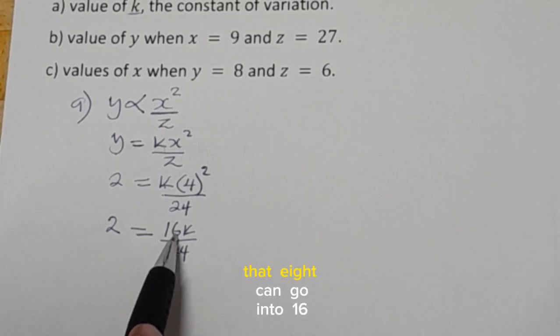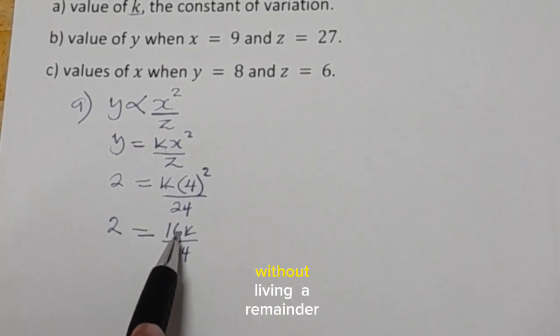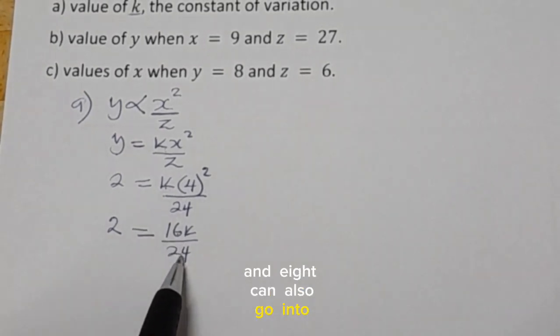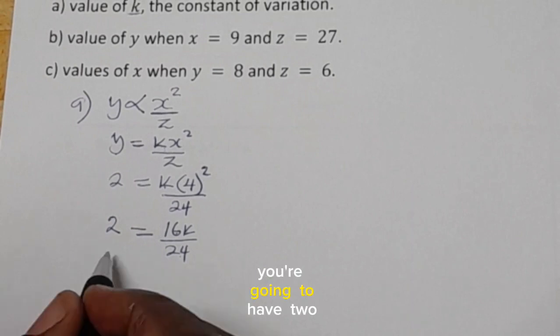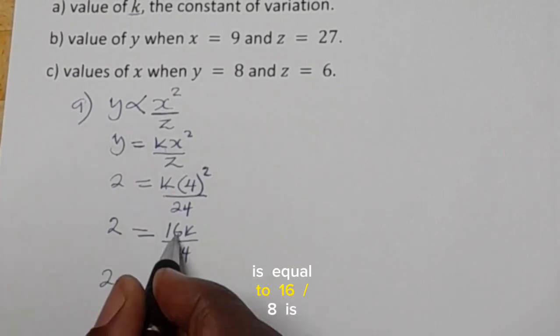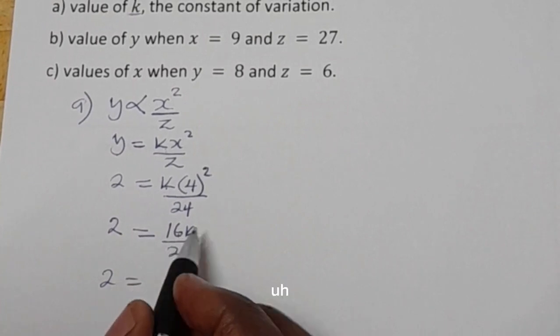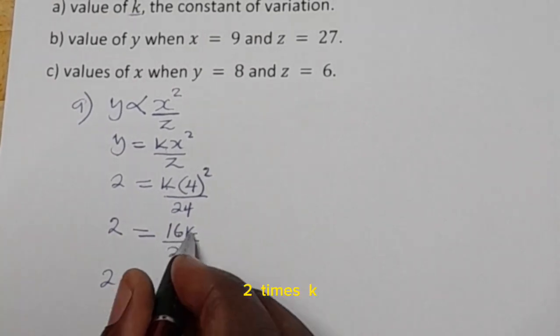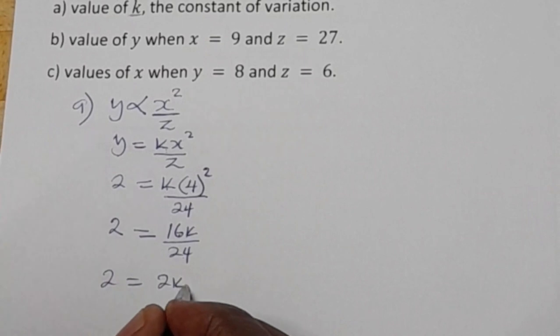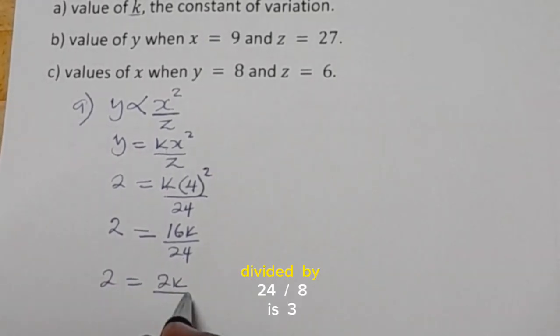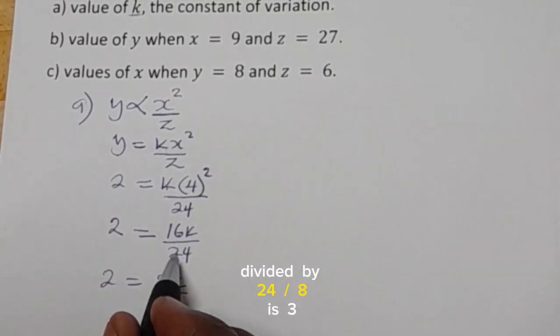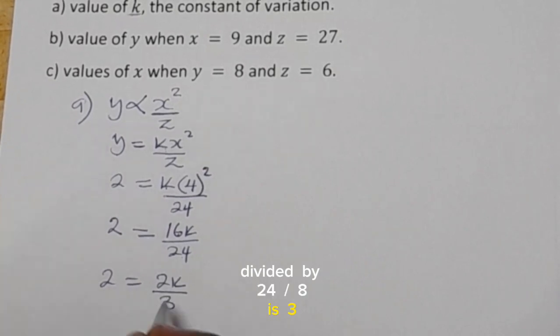You can see that 8 can go into 16 without leaving a remainder, and 8 can also go into 24 without leaving any remainder. So you're going to have 2 is equal to 16 divided by 8 is 2, so 2k, divided by 24 divided by 8 is 3.